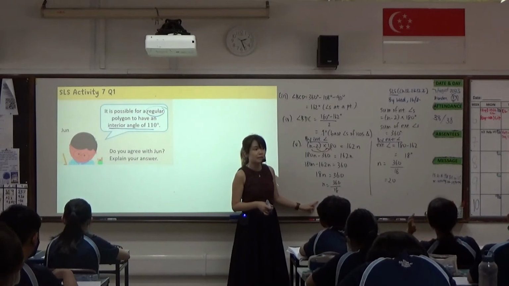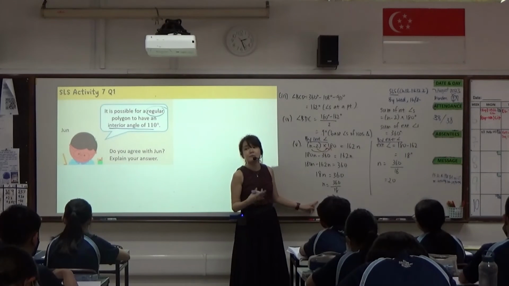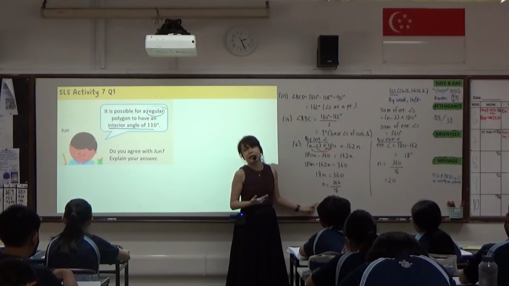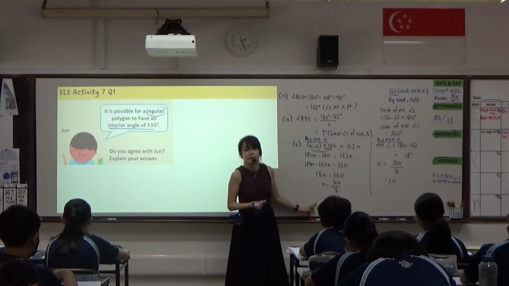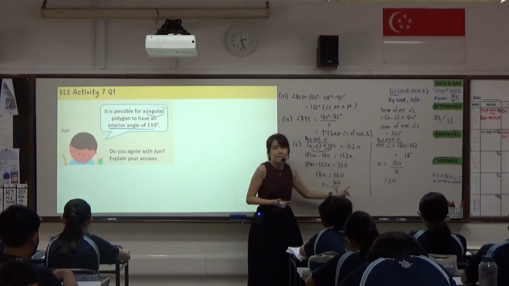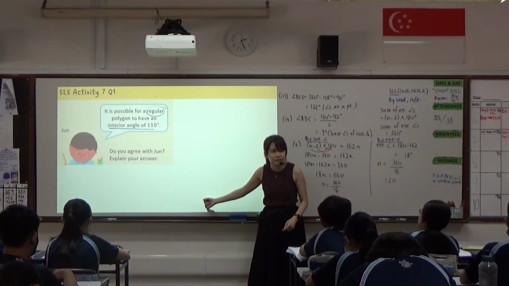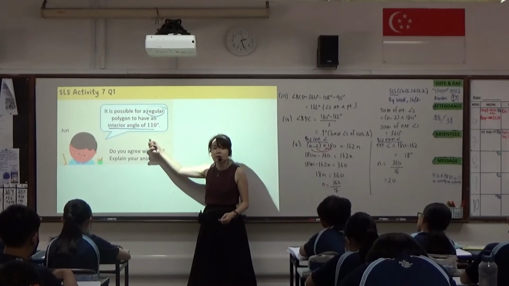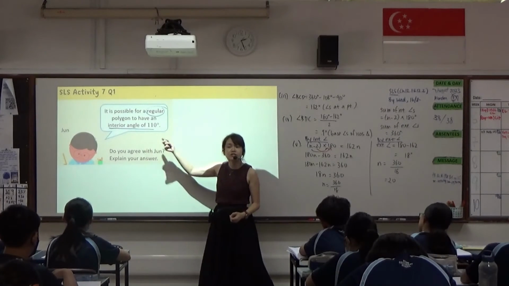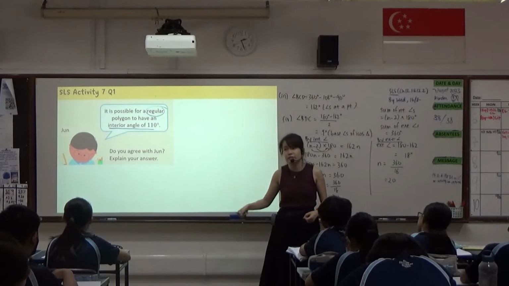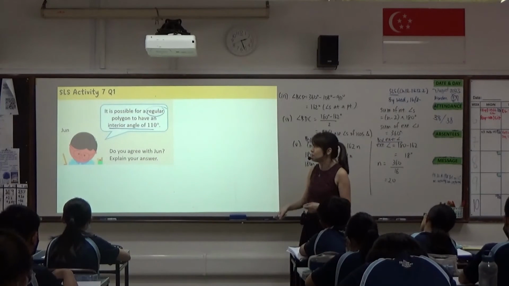They must be whole numbers, but not only must they be whole numbers, they must be positive integers, because it cannot be zero also. Right? Okay, they must be positive integers. Right? So, if my answer comes out to become a fraction, then can there be such a polygon? No, right? So it's just like our number pattern questions that we have been doing previously.